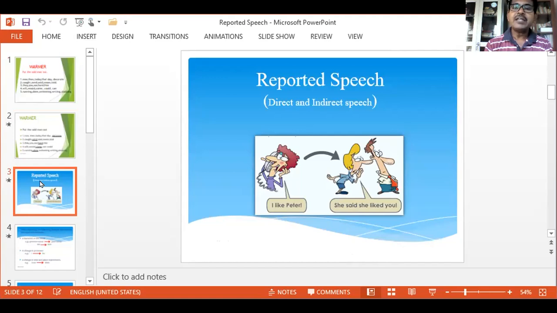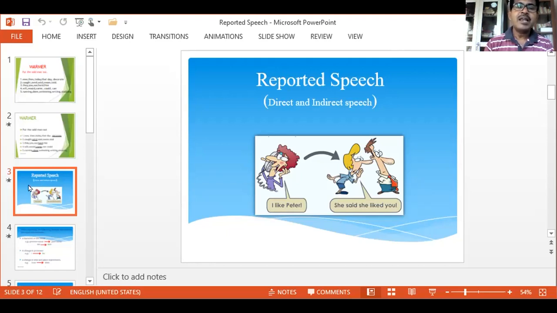It is indirect speech: She told she liked you. We are going to look at what changes happen when we turn direct speech into indirect speech.